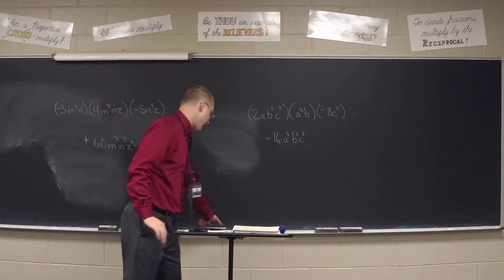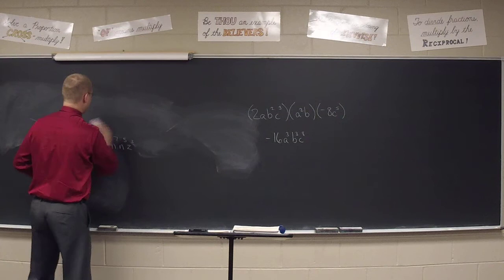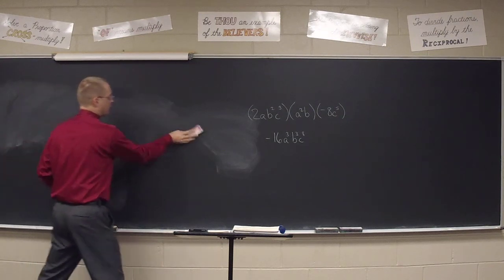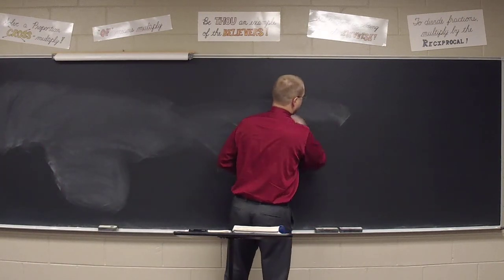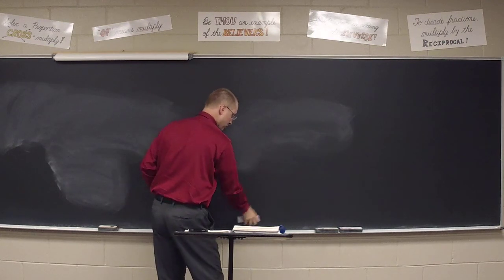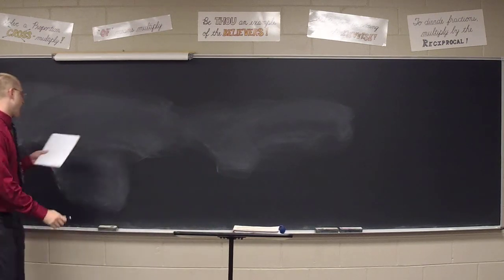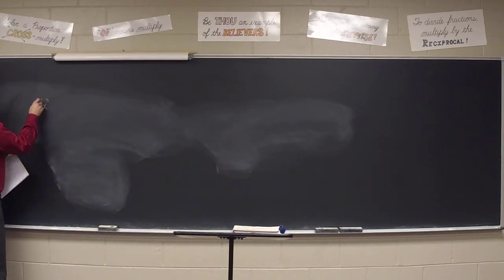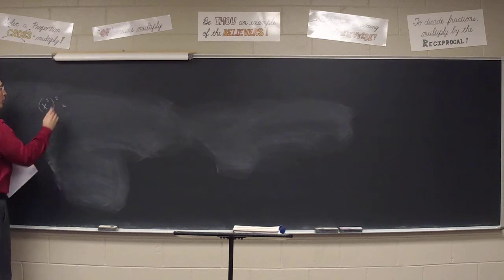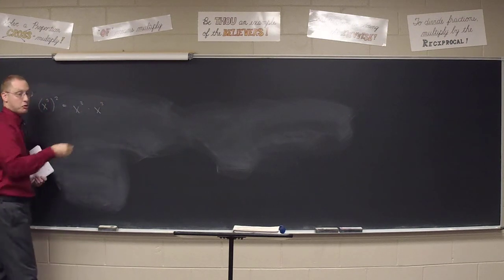We're going to piggyback on this idea as we go to raising a monomial to a power. Next section in your notes, raising a monomial to a power. Of course, you understand that when you raise something to a power, that's just another way of saying you multiply it by itself a certain number of times, right? So if I were to have, for instance, x cubed squared, well, that's just another way of saying x cubed times x cubed, right?